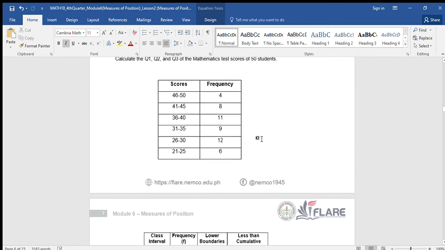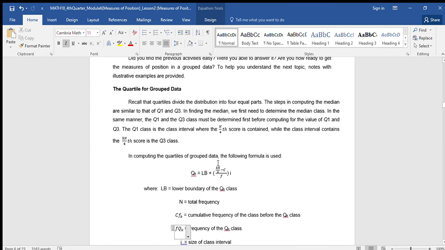Okay, balik ta sa formula. Again, ang first nato himuon sa formula kay kuhaon nato si kN over 4. Let's not forget, si kN over 4 ang atong kuhaon.